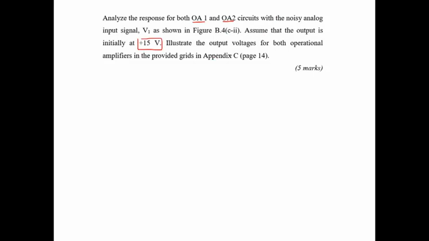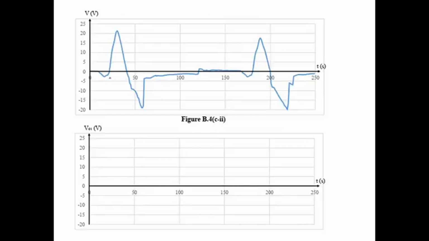Illustrate the output voltage for both operational amplifiers on the graph provided in Appendix C. This is the input, a noisy signal. You need to draw the output for OA1, the comparator, and OA2, the Schmitt trigger. We do it one by one, using this slide to analyze the output of op-amp 1.